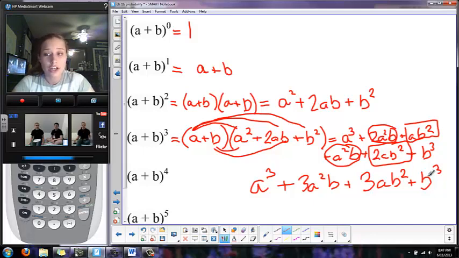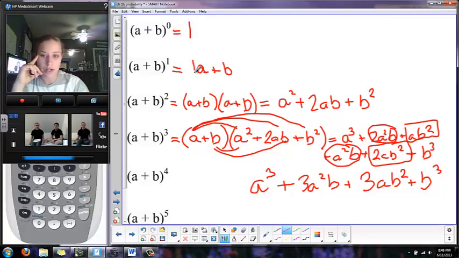So, just like good mathematicians, we've recognized patterns that we can use. Instead of having to FOIL out every single one of these, we've learned a pattern instead. Let's see. The first one, we got just a 1.